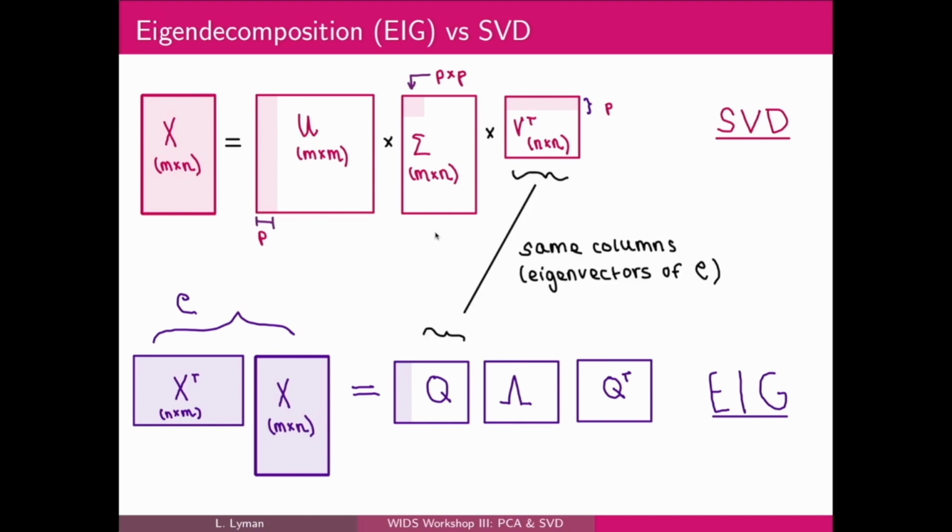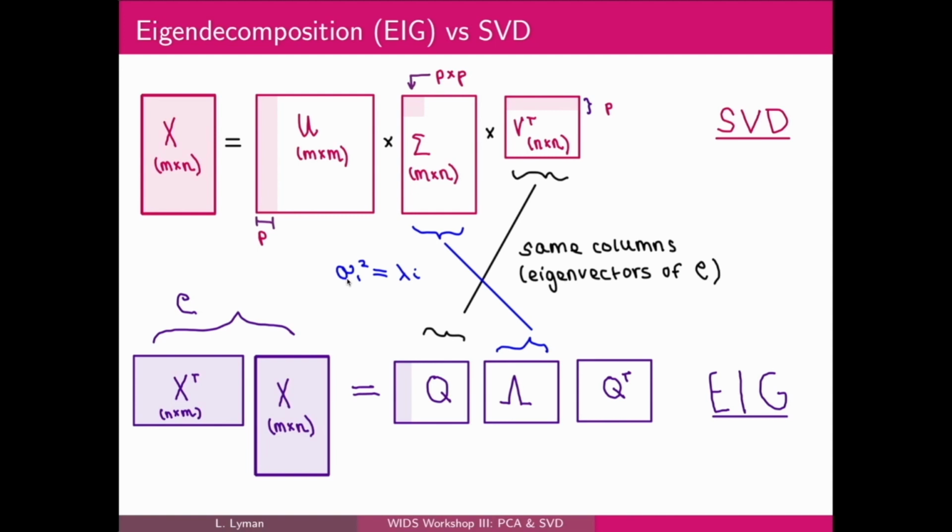Well, for one, the columns of Q, down in purple over here, are the eigenvectors of the covariance matrix C, and those are precisely the same columns of the orthogonal matrix V that appears in the singular value decomposition of our original matrix X. In addition, we can relate the entries of capital lambda to those of capital sigma, namely the eigenvalues of our covariance matrix C are equal to the singular values squared.